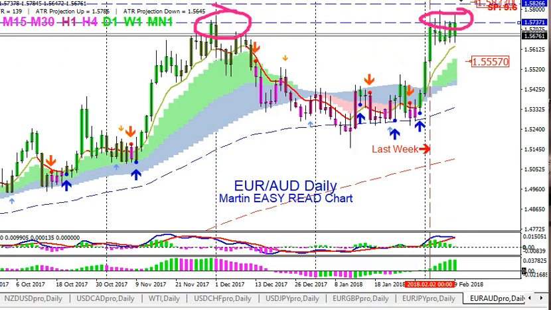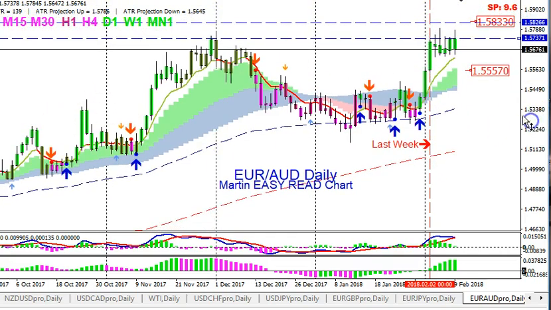And by that I mean, let me just take that off. Let me just bring this chart down a bit. We're looking for a break above a swing pivot high here. So we're looking for a break higher. You could possibly place a pending buy stop order above 158.33.